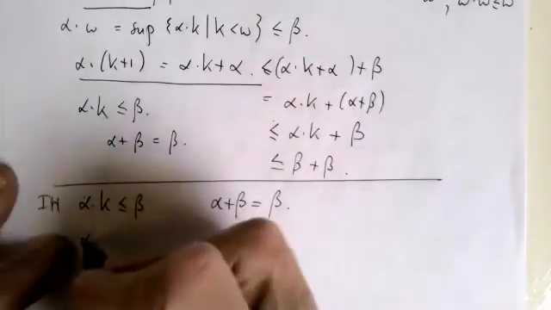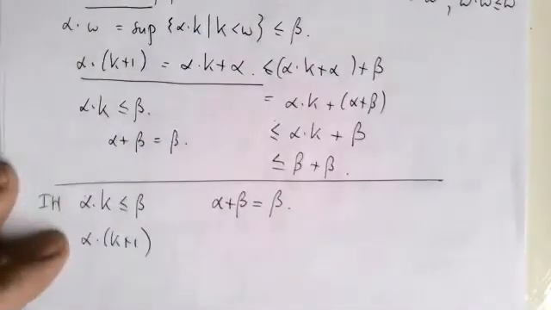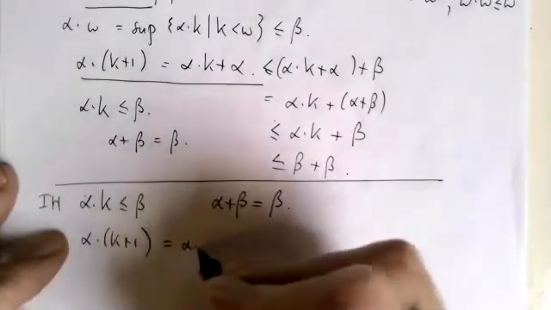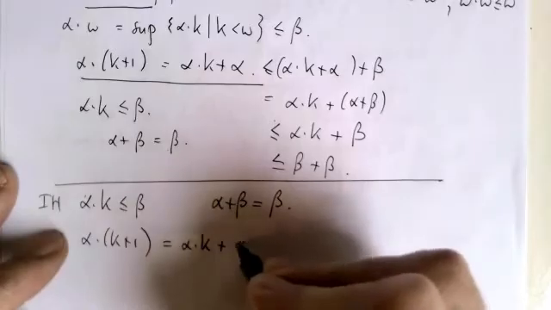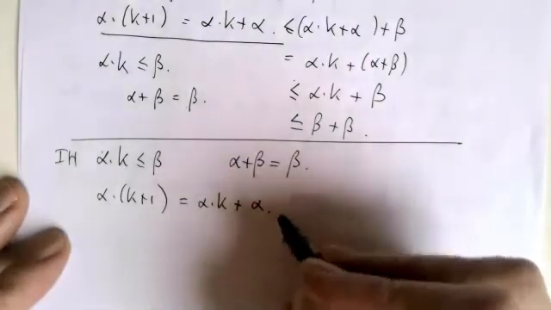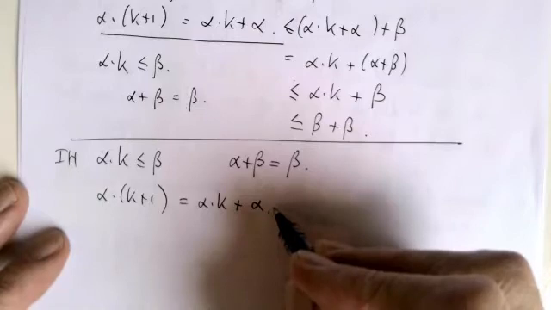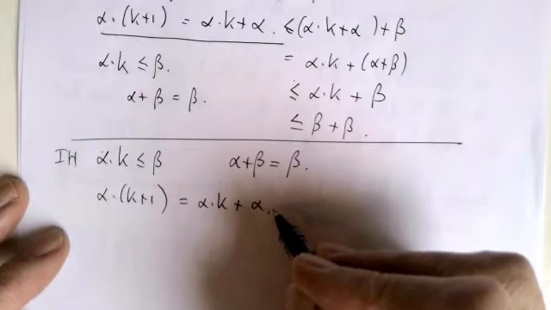So now I want to look at alpha times k plus 1, which is alpha times k plus alpha. Sorry, I'm quite blindsided. What do I say next then?